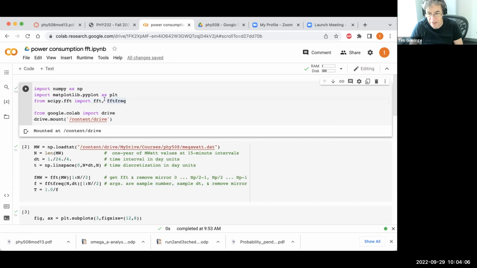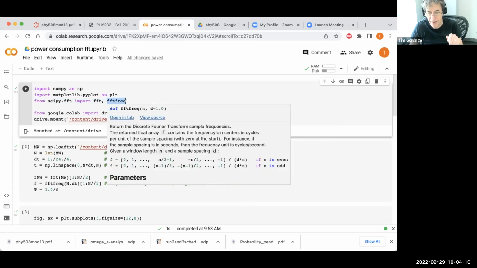And then secondly, fftfreq, which allows us to transform the array index on the Fourier transform data to a frequency scale for the Fourier transform data. So that's going to be handy.